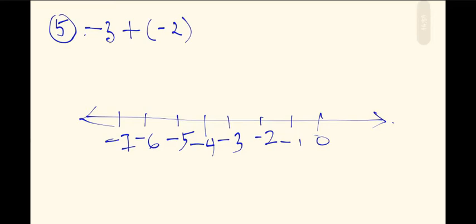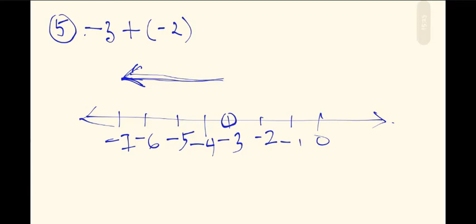We are adding -2 to -3. So we move this way. Because we are adding a negative number, we move in this direction. So we are increasing the negativity of this number, -3.